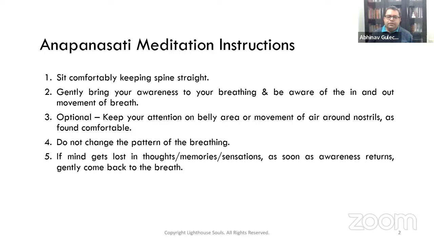Any difficult sensations arise in the body, let them arise and gently come back to the breathing. Total awareness on the breathing.